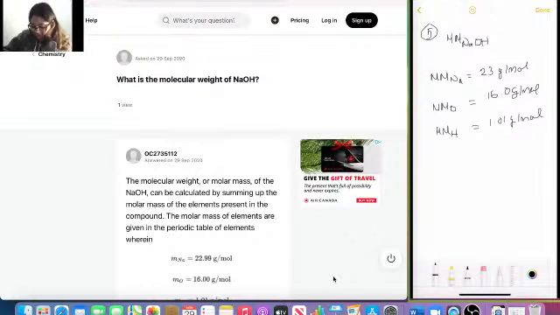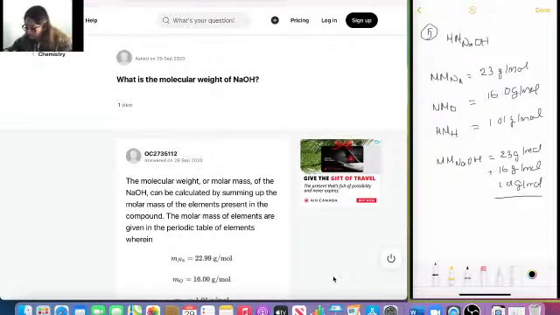Our last step would be to add this all up. We have 23 grams per mole plus 16 grams per mole, and you have 1.01 grams per mole.